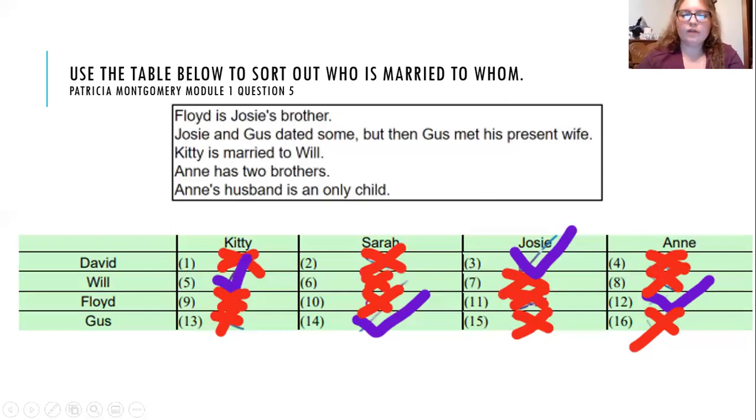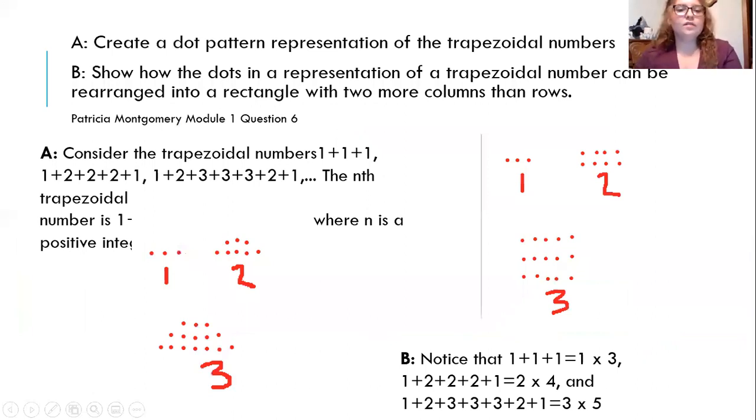All right, so for this last question, there's going to be 4 or 5 steps, I believe. And so for the first 2, it says create a dot pattern representation of trapezoidal numbers. So before we saw the triangle, the square, we did the pentagon, and now we're going to do trapezoids.